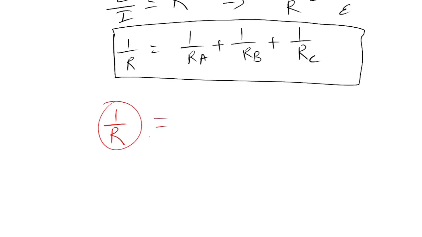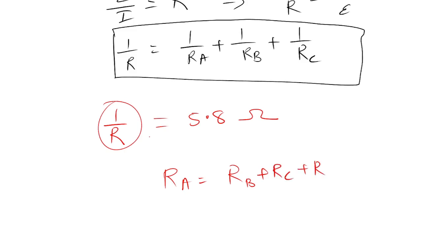Let's say 1 by R is equal to 5.8 ohm. And finally, in any other formula, which is, let's say, RA is equal to RB plus RC plus RD.